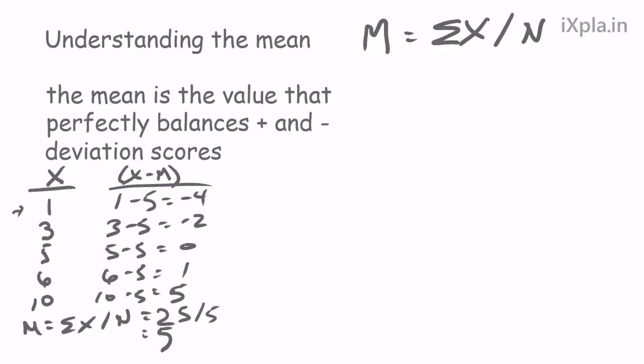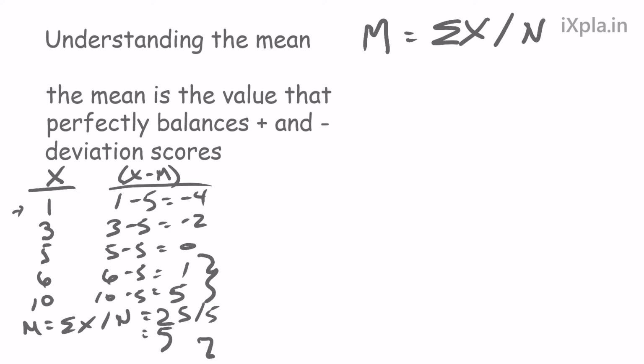Now we have our deviation scores: -4, -2, 0, 1, and 5. Now we can see what it means to say that the mean perfectly balances out the positive and negative deviation scores. If we look at the positive scores, we have 1 and 5.